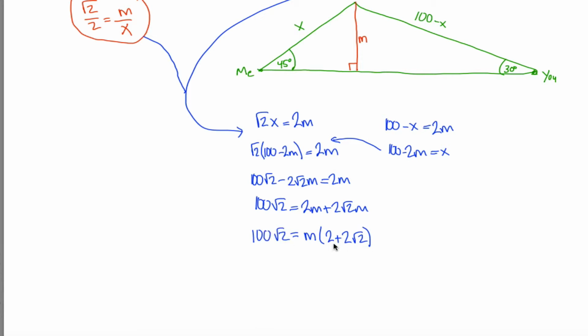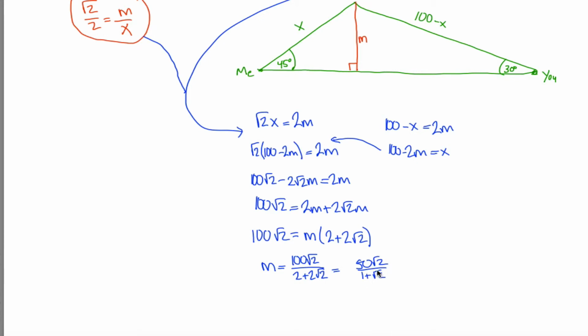And then divide both sides by this 2 plus 2 root 2 thing to get that m is equal to 100 times the square root of 2 divided by 2 plus 2 square root of 2, which if you feel like reducing fractions, you could factor out a 2. You could factor out a 2 root 2. Well, okay, calm down. You could factor out a 2 from the top and the bottom. That would give me 50 root 2 divided by 1 plus root 2.